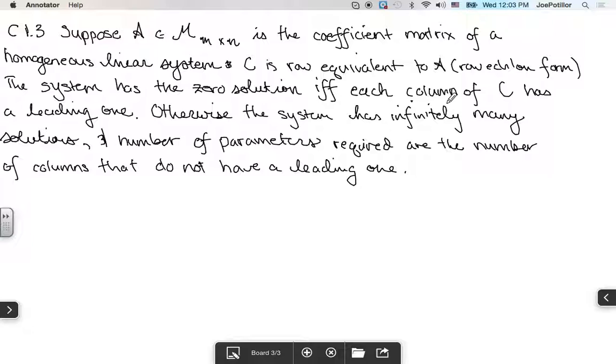Oh wait, there's one more theorem. It's the same theorem basically. It's talking about reduced row echelon form, which is the same thing. The only difference is everything is reduced to zeros in that situation.